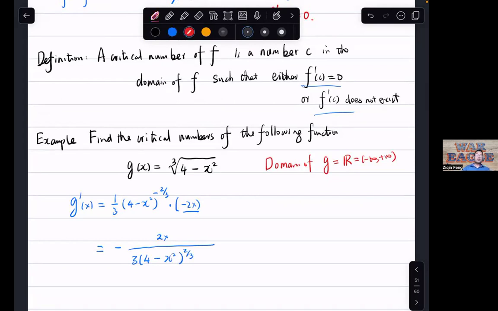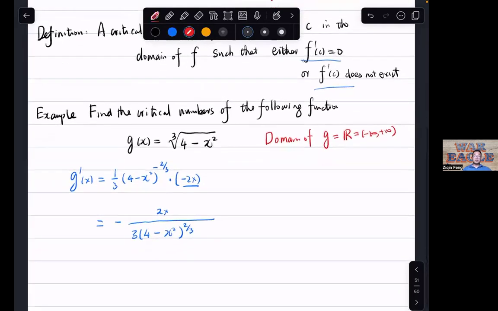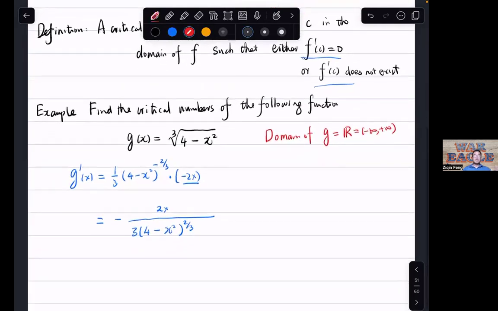Now we are looking for the c's such that either g prime of c doesn't exist or g prime of c equals 0. You have a fraction. The fraction is 0 when the numerator is 0, and the fraction does not exist when the denominator equals 0. So we write that down here.